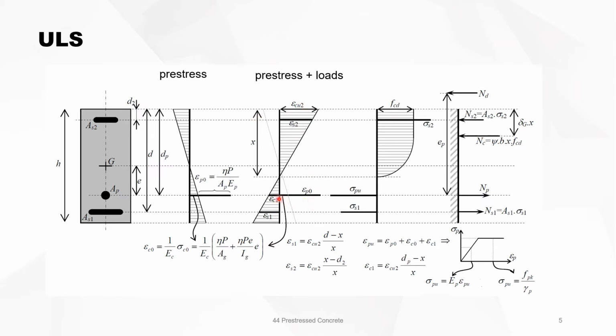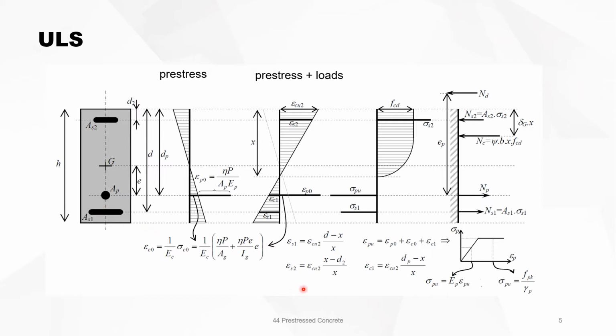Then you will see that at the position of the prestress reinforcement, the strain is the summation of three strains: epsilon C1, the strain caused by the loads, epsilon P0, the strain caused by the prestressing reinforcement, and epsilon C0, the strain in the concrete at the level of the prestressing reinforcement.